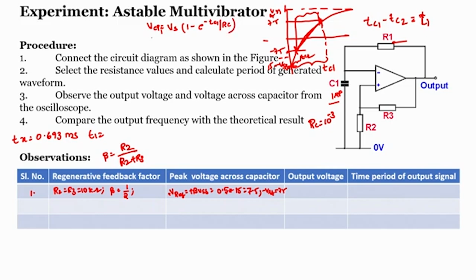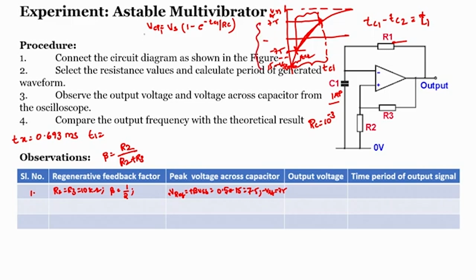Now what is VC1? VC1 is from minus 15 to 7.5. So, what is the complete voltage, or how much percentage of our complete VSS, how much percentage of complete input voltage. Input voltage range is plus 15 to minus 15, which is 30 volts, and minus 15 to plus 7.5 is the voltage that I have here, right.